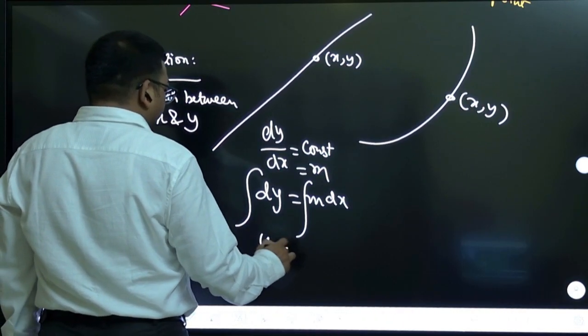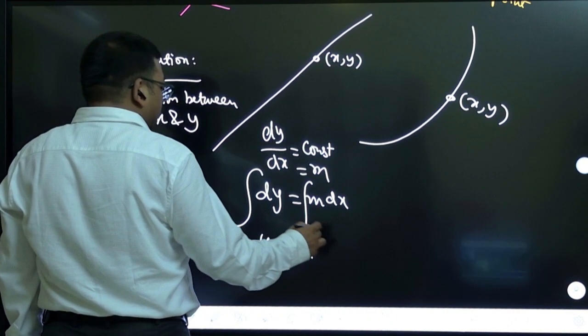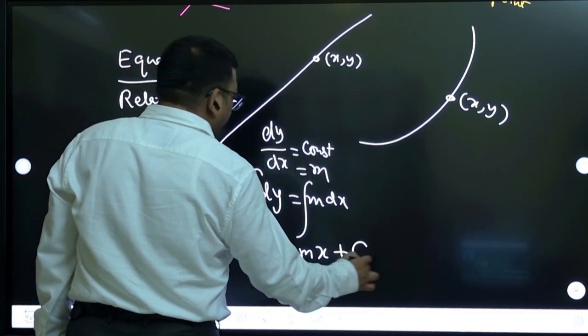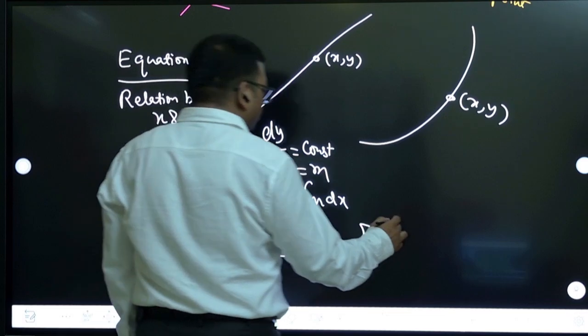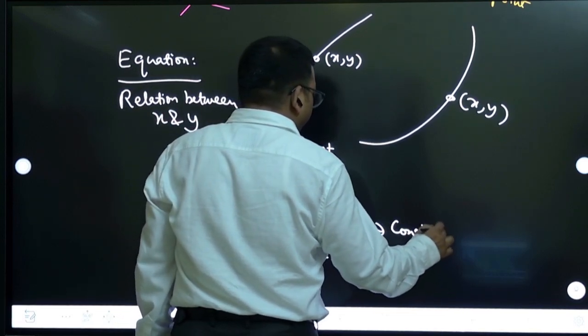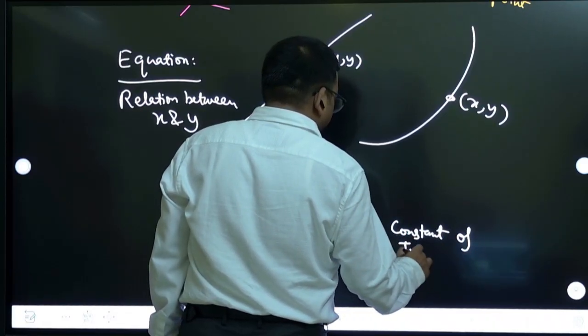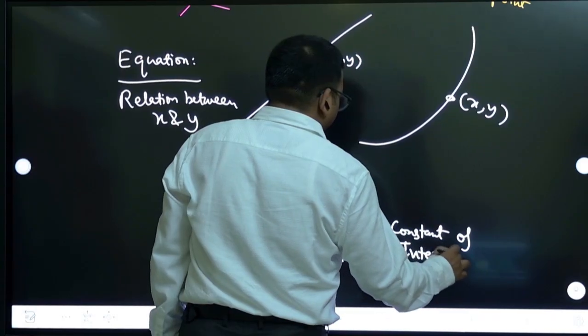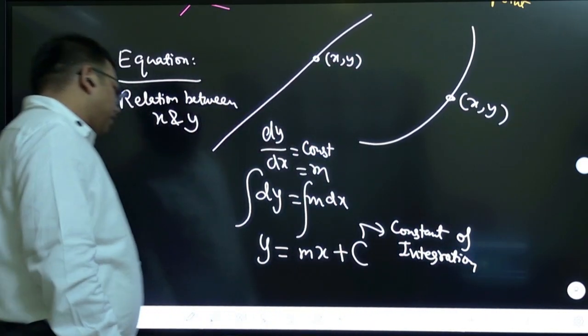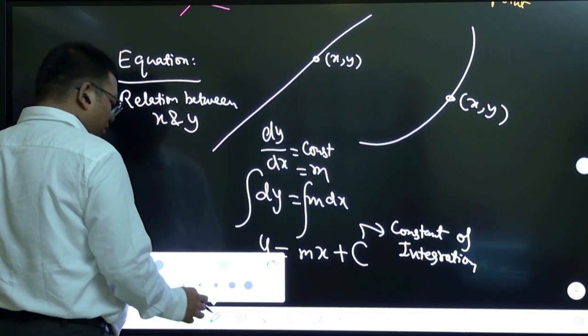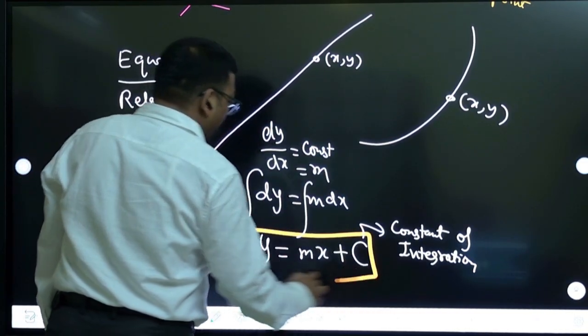Integration of dy is y, and m times the integration of dx becomes x plus a constant. This is called the constant of integration, as in indefinite integration. So y equals mx plus c is the equation of a straight line.